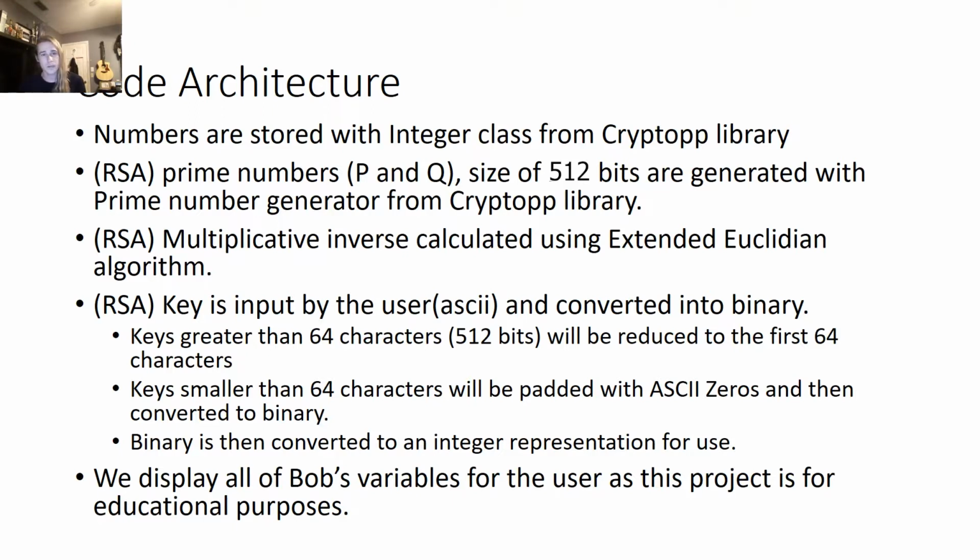Our multiplicative inverse is calculated using the extended Euclidean algorithm, and our key is input in ASCII and then converted to binary. Keys that are greater than 64 characters, or 512 bits, will be reduced to the first 64 characters, and keys smaller will be padded with ASCII zeros and then converted to binary. The binary will then be converted to an integer to be used for RSA.